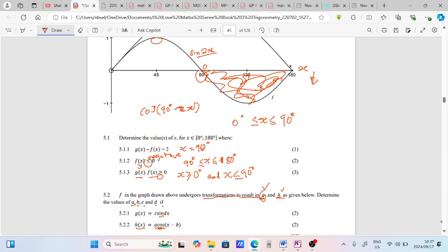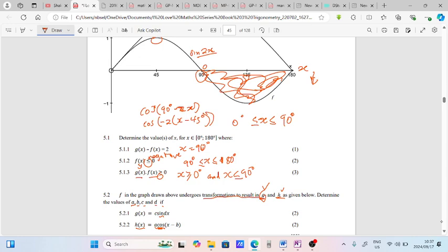Now, as no shift, now we can take out what common factor of cos? What common factor can we take here? Minus 2 into x minus 45 degrees.